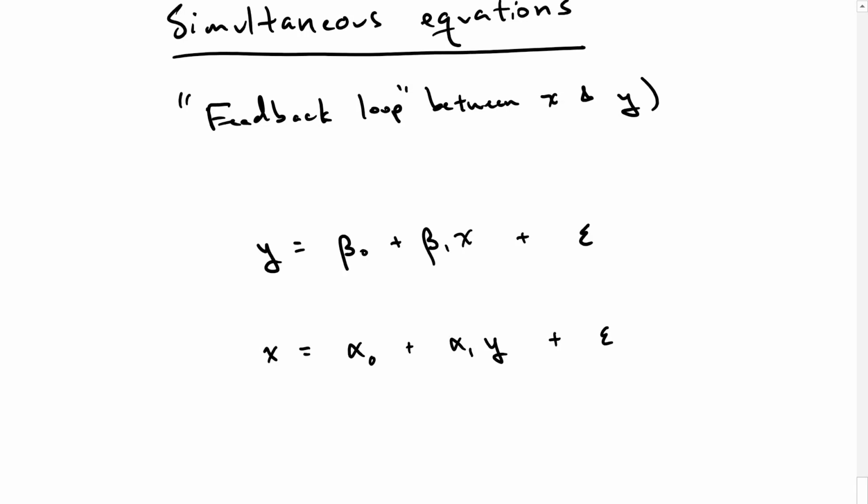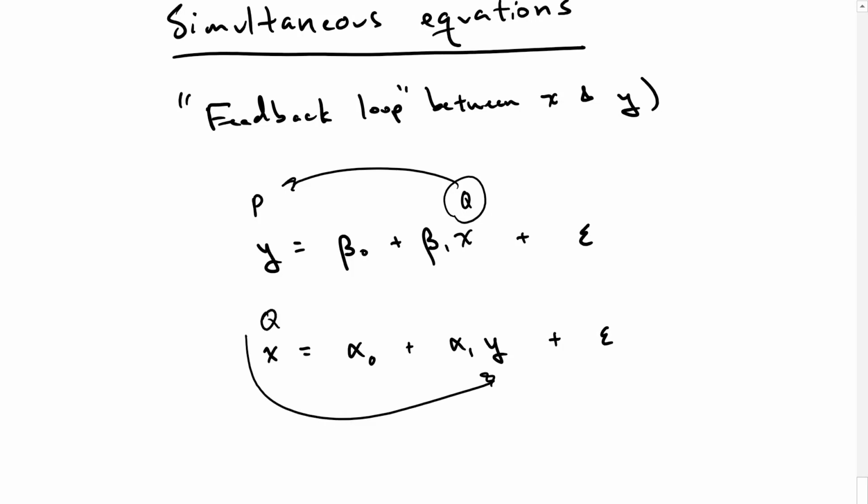Supply is a function of demand, and demand is a function of supply, price, and quantity. So y could be price, and x could be quantity, for example. The quantity supplied or demanded is going to be a function of the price, but the price is also going to be a function of the quantity.